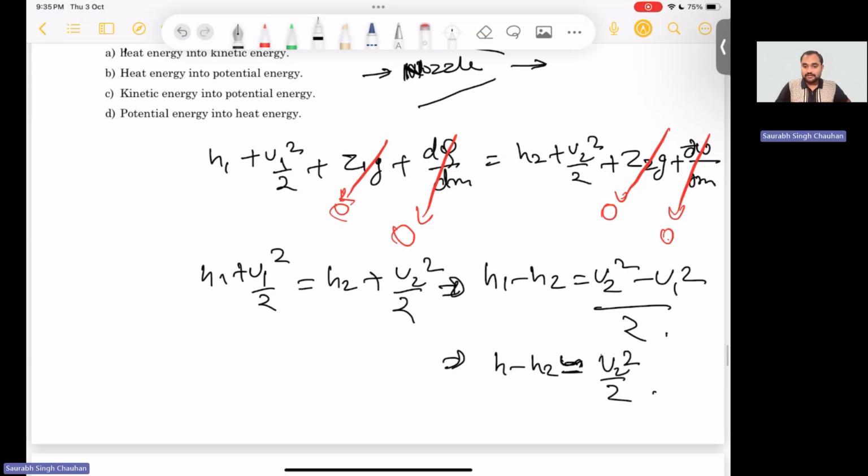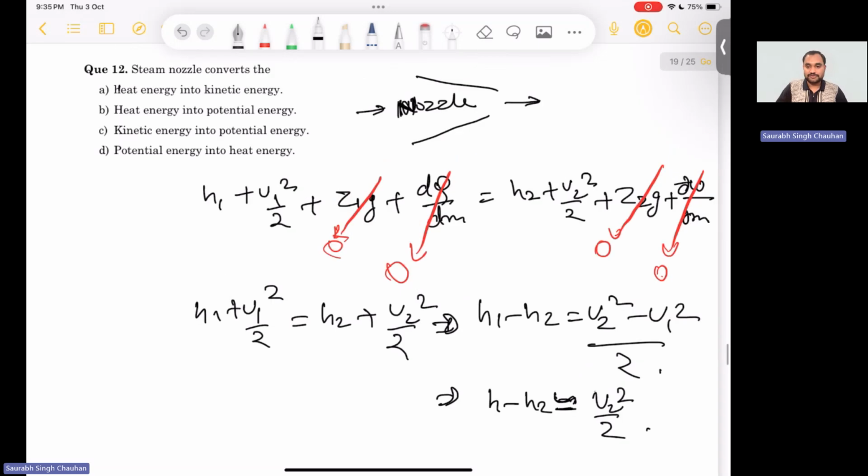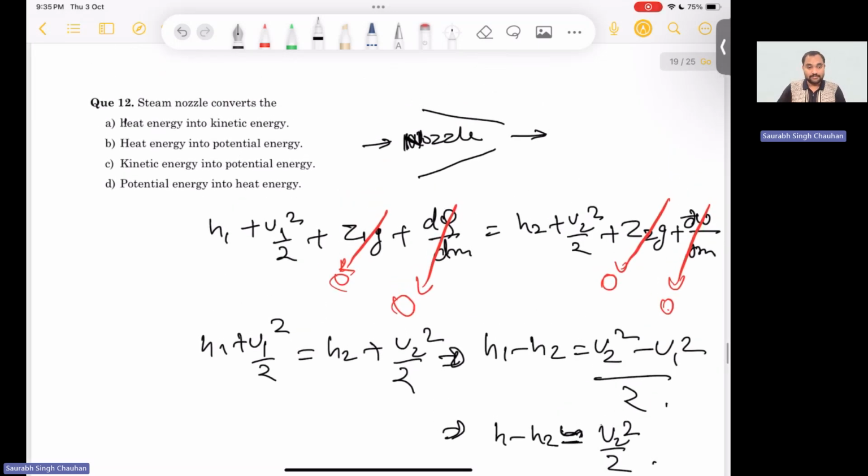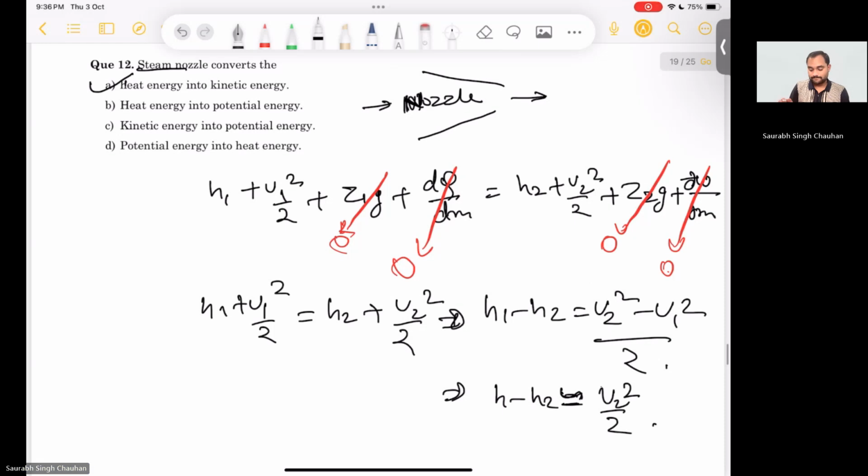We can neglect v1, the inlet velocity, because it is very, very small as compared to the outlet velocity. But anyway, the main purpose of a nozzle is to increase the kinetic energy. So in a steam nozzle, the heat energy is converted into kinetic energy. This enthalpy change will appear as an increase in kinetic energy.